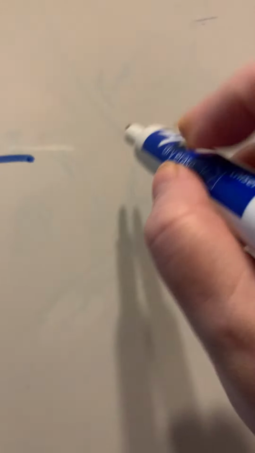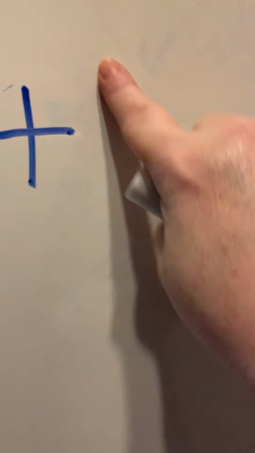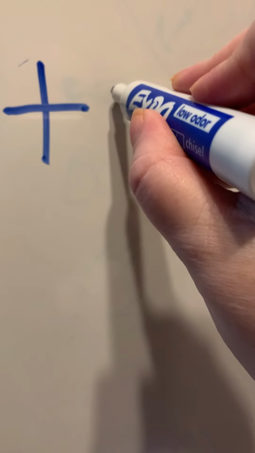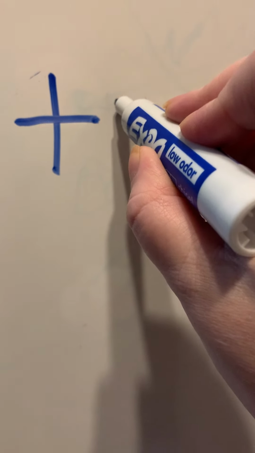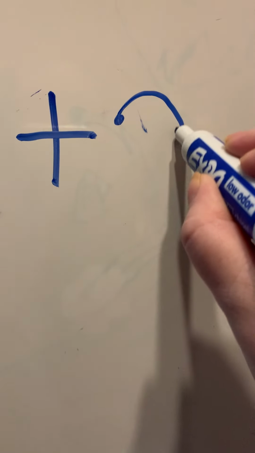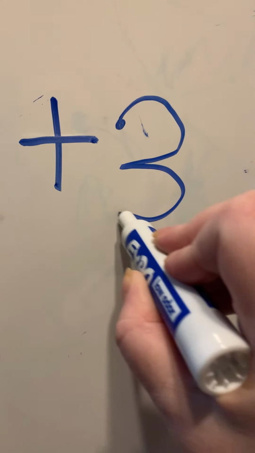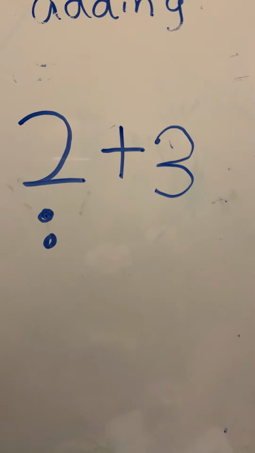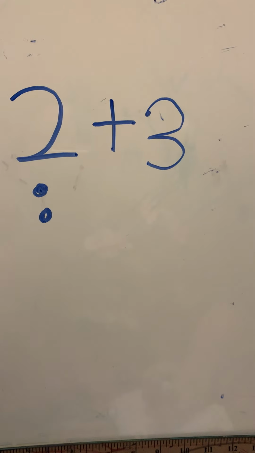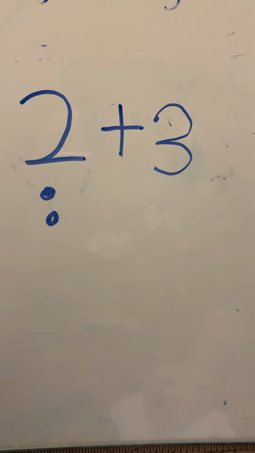Our 3 is, put your pencil or finger a little below the top, and you're going to go up just a tiny bit and in and around. That is a 3. What we have right now is 2 plus 3. I'm going to draw 3 dots below that 3. 1, 2, 3.